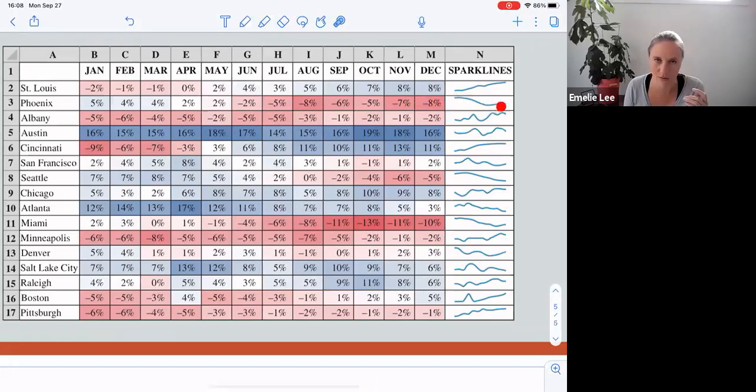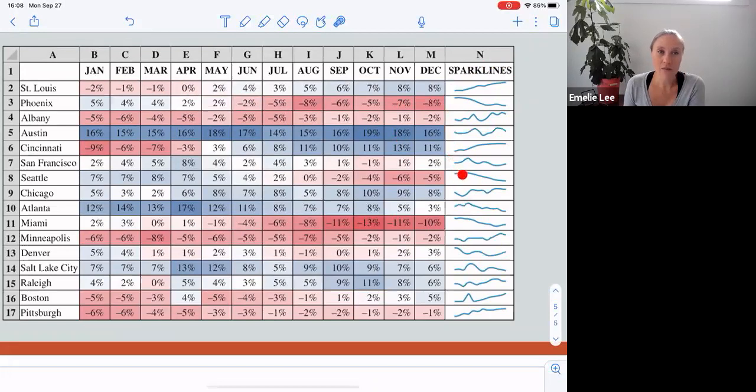We see that with these sparklines. The sparklines summarize even more information, the trends of the colors across here, so that we can compare them.